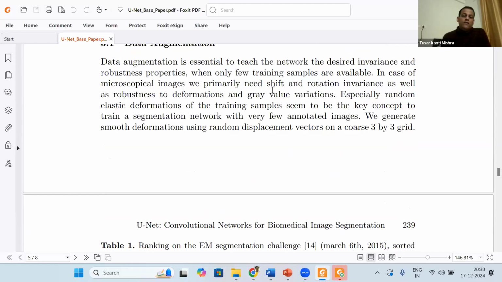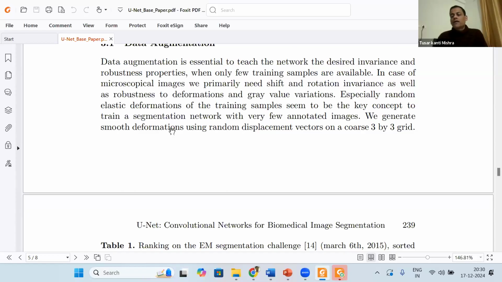And when we talk about microscopical images, we primarily need shift and rotation invariance as well as robustness to deformations and gray value variations. Along with that, random elastic deformation of the training samples seems to be the key concept to train a segmentation network with very few annotated images.